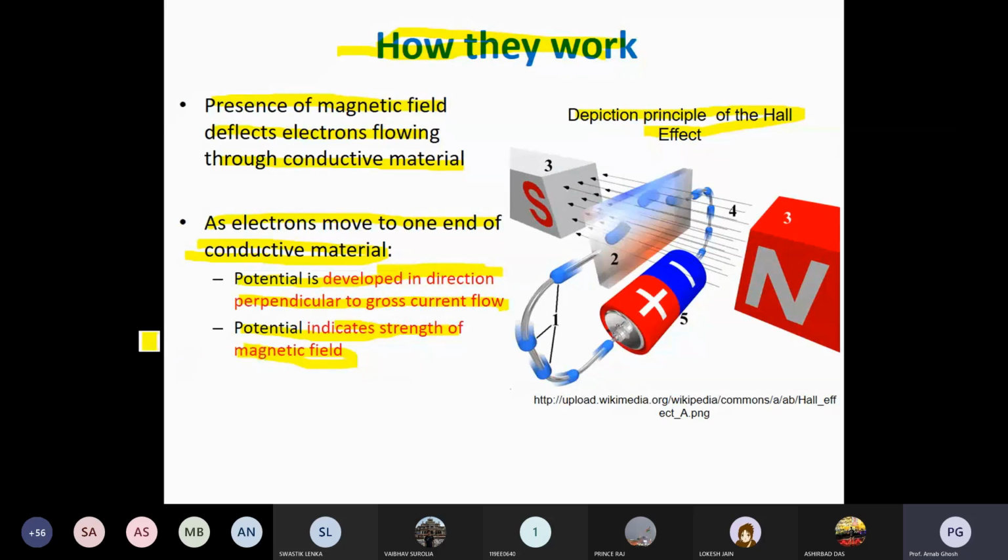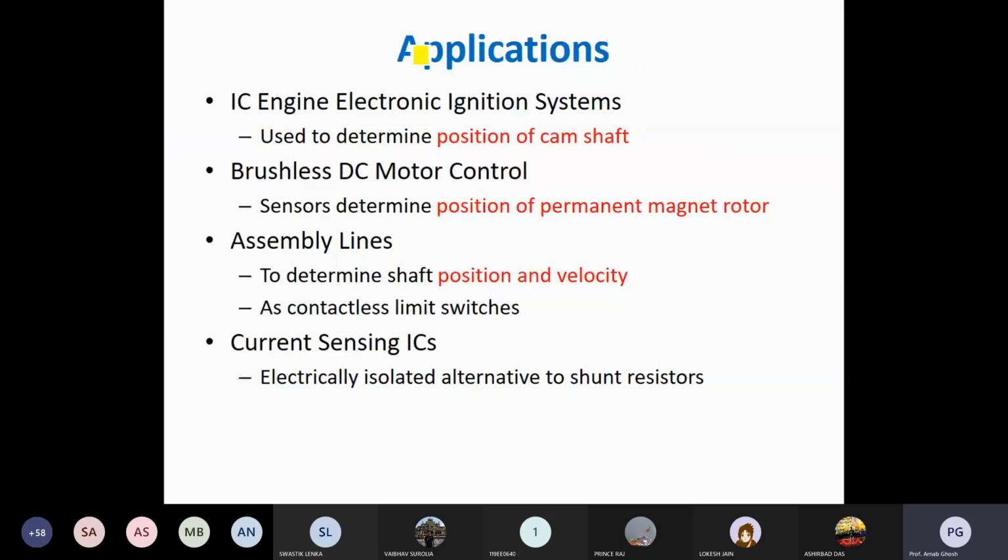Normally you use them in IC engines, in electronic ignition systems. In an internal combustion engine, the electronic ignition system uses this sensor for determining the position of the crankshaft. In an IC engine, the shaft movement is decided by chemical energy, meaning combustion. So who will determine the movement of the shaft as a rotating portion?